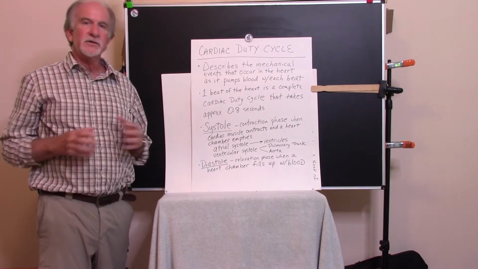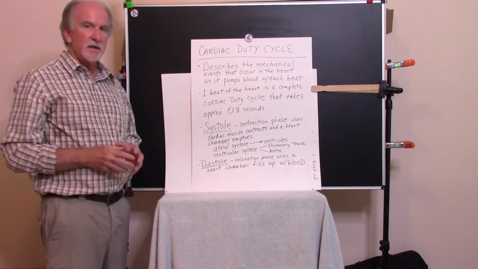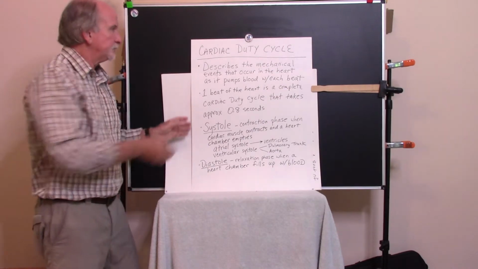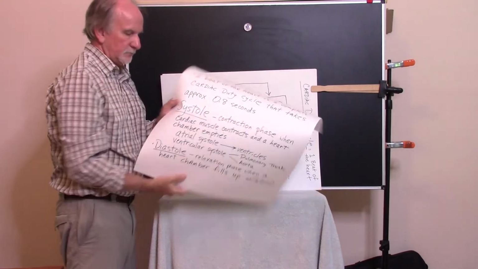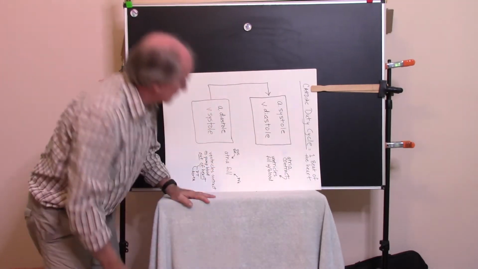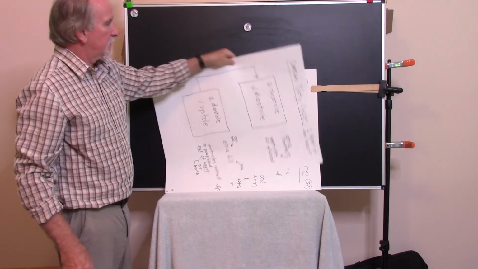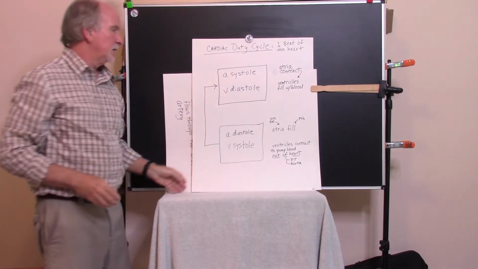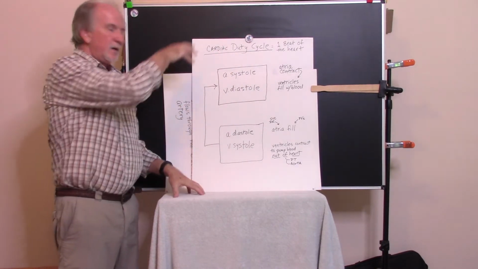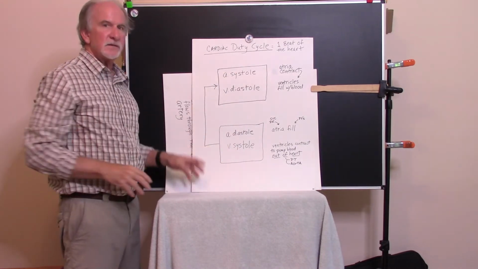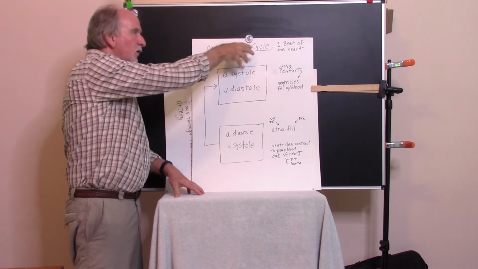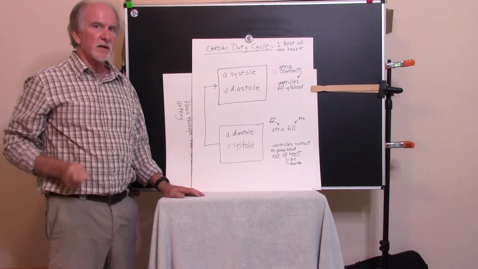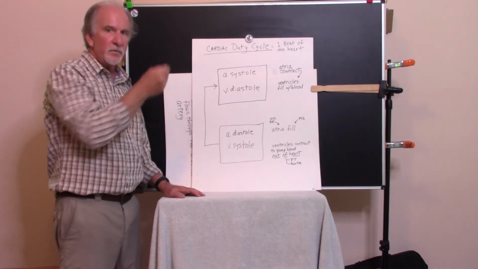Diastole is when a heart chamber relaxes, and when a heart chamber relaxes, it fills up with blood. This would be a set of events that occurs with each cardiac cycle, and every cardiac cycle is associated with one beat of the heart.